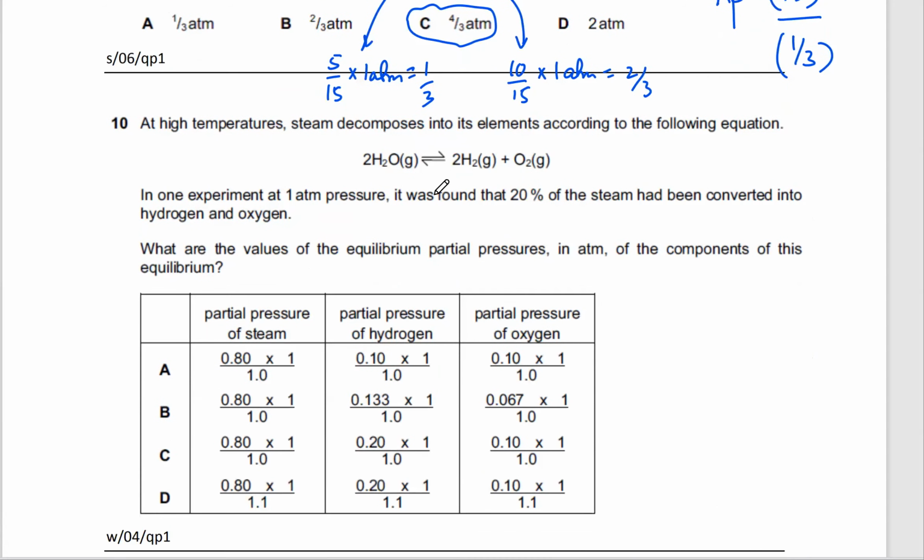What's the expression for 20% of steam getting dissociated? So you can just think of this as starting with 10 molecules, 20% getting dissociated. So is it 2 out of 10?